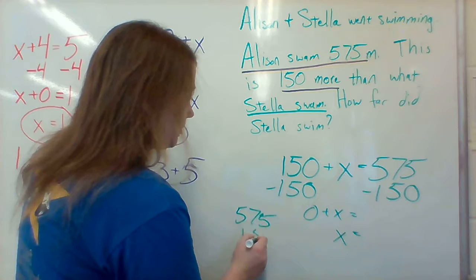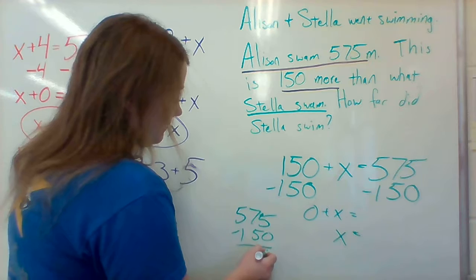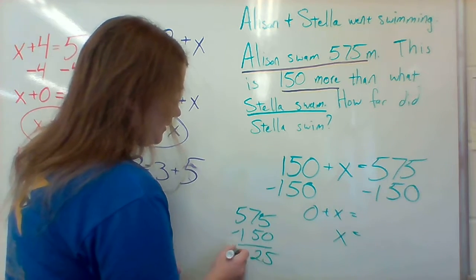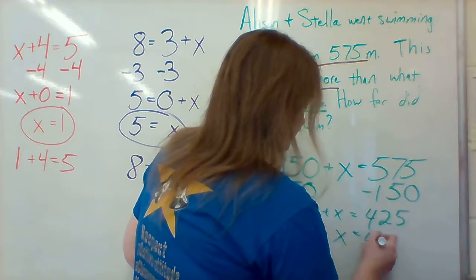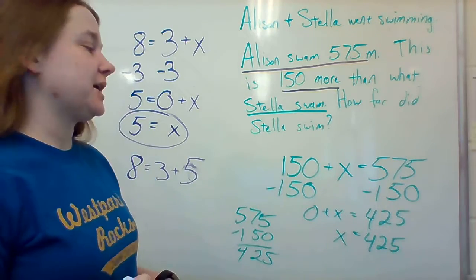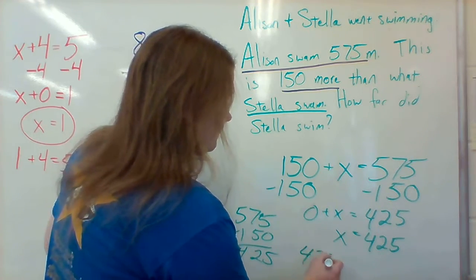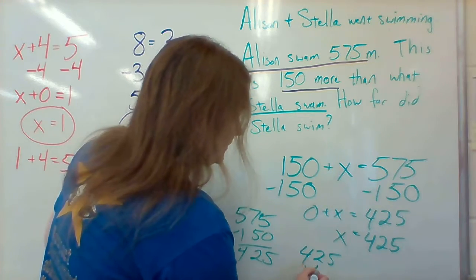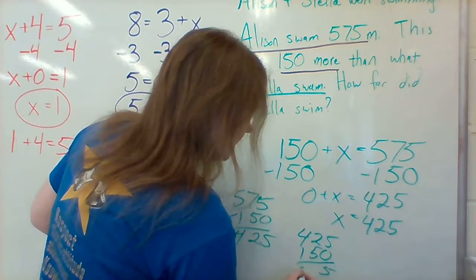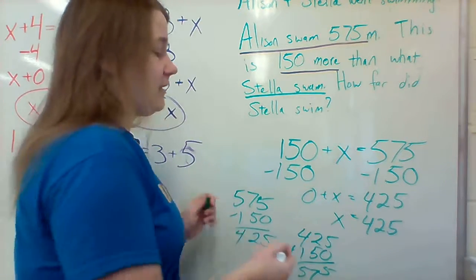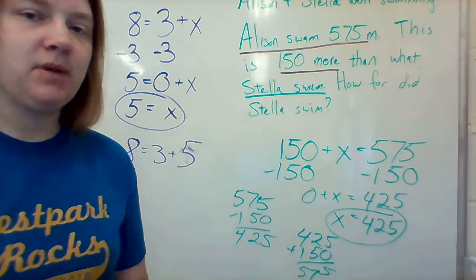It just makes your problem look a lot cleaner, and it helps to make sure that you're able to backtrack easier. That gets us 425. To double check that, if 425 was x, that would be 425 plus 150, and that would get us our 575. So we know that Stella swam 425 meters.